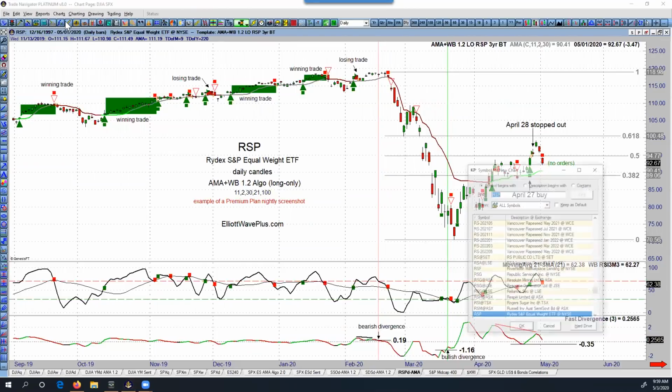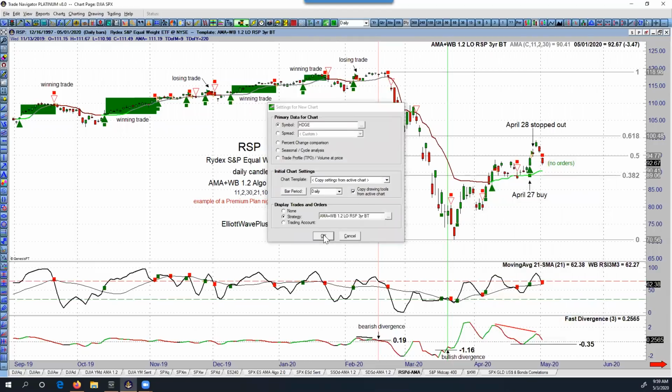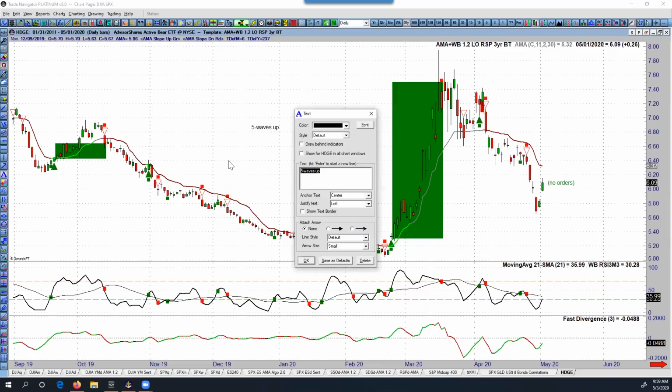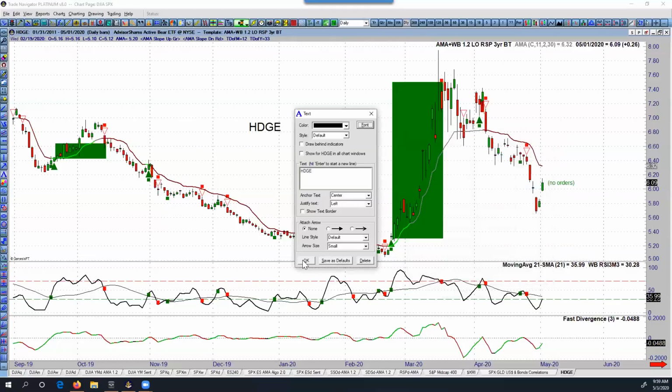It's an ETF called HDGE, and this is an ETF of specific stocks that a couple of money managers have chosen to short, and they're not shorting these items through derivatives.